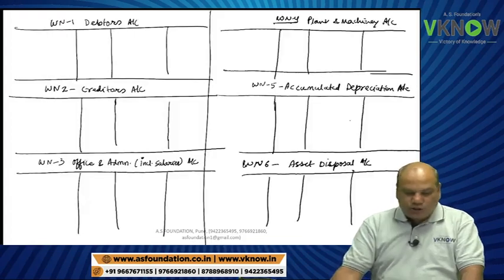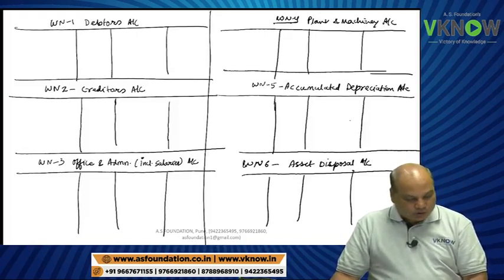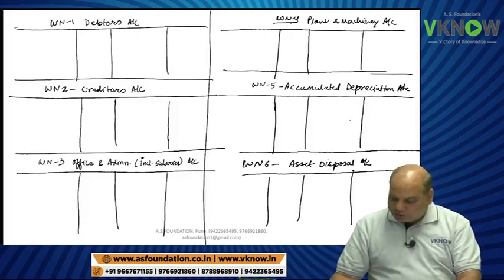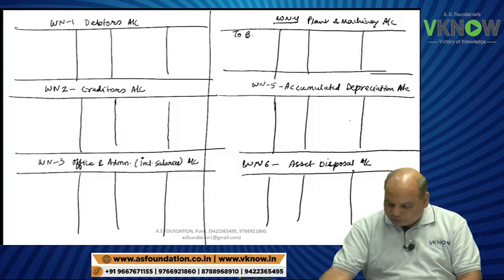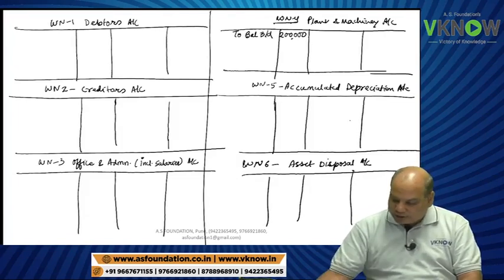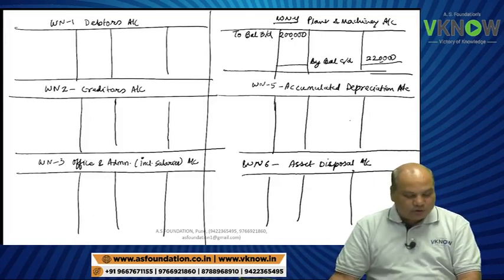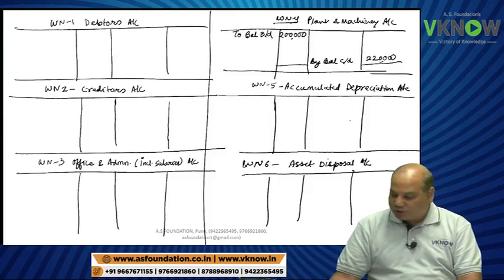For plant and machinery, I will come to the working notes. There is working note number 4. In working note 4, plant and machinery, to balance brought down, opening balance is 2 lakh. On the credit side, by balance carried down 2 lakh 20,000.